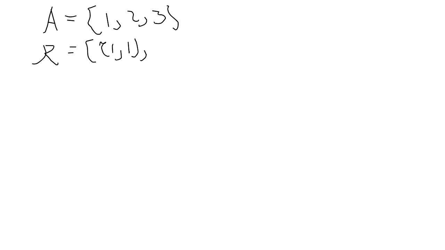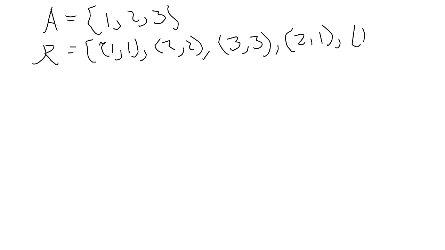So the A was 1, 2, 3, and the relation was 1, 1, 1, 2, and so on. Of course, you don't have to put them in order. It's a set, so it doesn't matter how you write them, as long as you have all the required elements. Oops, I was going to put 1, 2 first. It doesn't matter. Yeah.